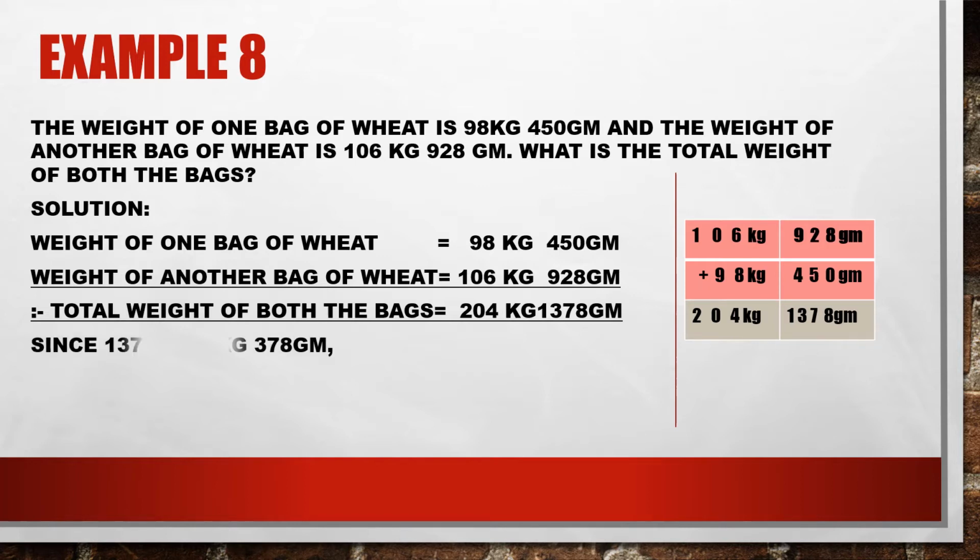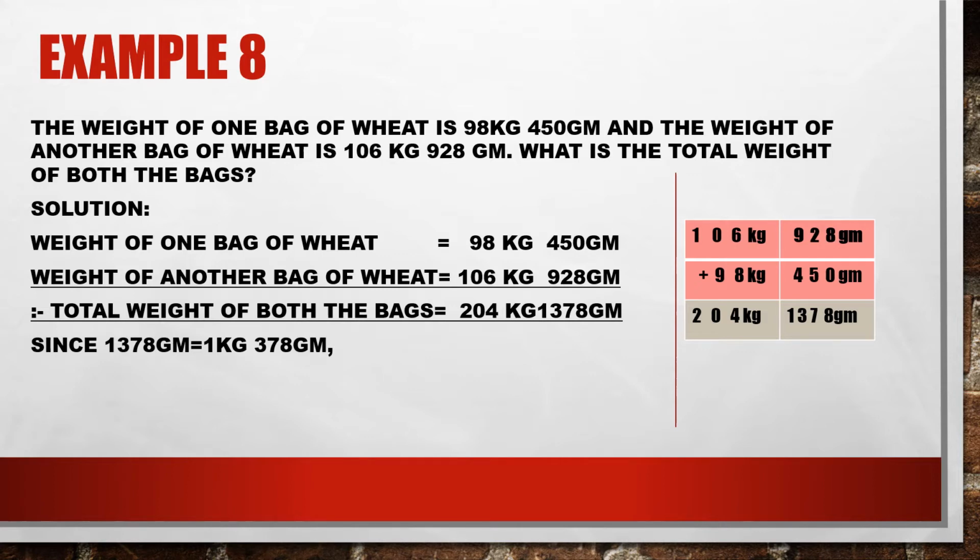Since 1,378 grams, so how we get 1 kg and 378 grams? 1 kg equals to 1000 grams. When you split 1,378, we can write 1000 plus 378. So 1000 is 1 kg, okay, and 378 is grams.